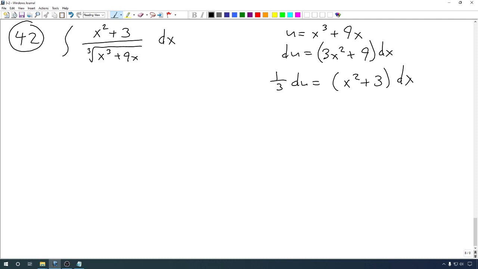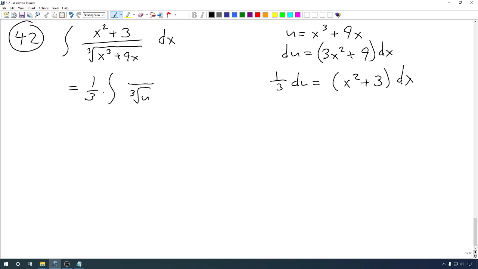So in this particular case, we got kind of lucky. Or at least, if this was just something randomly that we were given, then we get lucky. Of course, the book kind of set this up for us to do this initially. But the point here is that everything in this cube root becomes just a u. The x squared plus 3 dx just becomes a 1/3 times du.